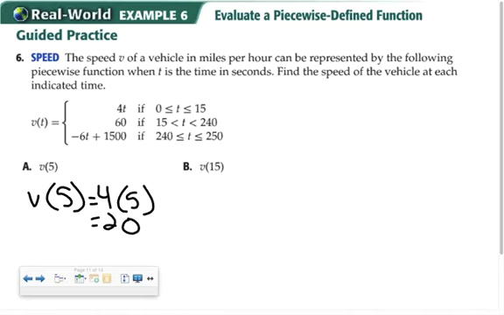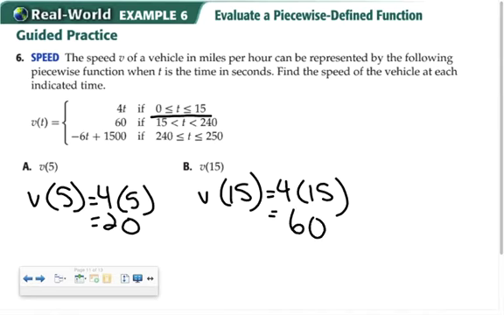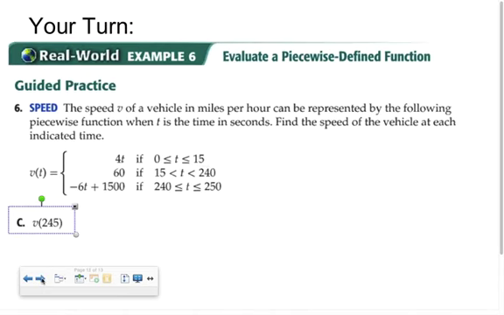Part B, since 15 is in this part of my piecewise function, because notice the or equal sign, I'm doing the same thing again. The V of 15 is going to equal 4 times 15, which is 60. Pause your video to work on the your turn below.